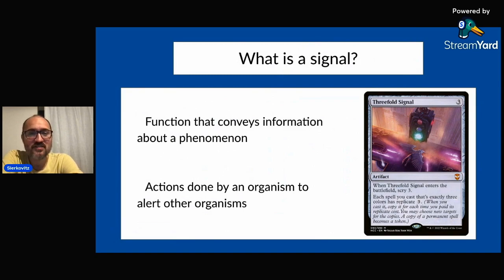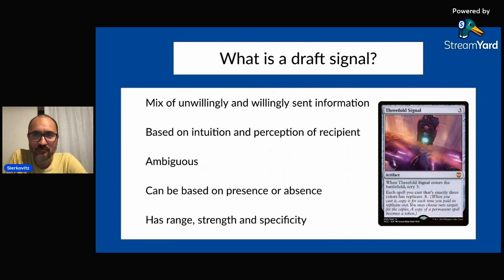And a function that conveys information about a phenomenon, that's also applicable to draft. You convey information about what's going on in a draft, and very much it depends on the ability of the person in the pod to interpret that information to get something useful out of that.